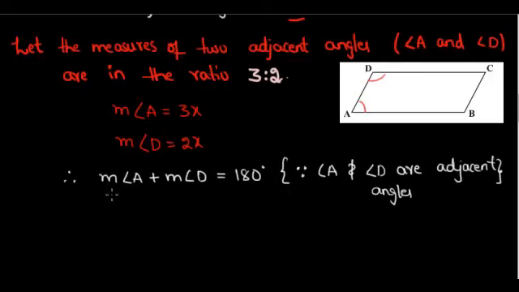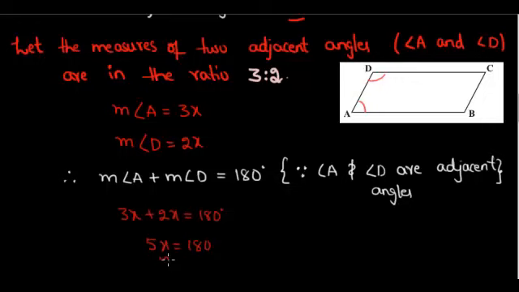We have the measure of angle A as 3x and the measure of angle D as 2x, and the total sum is equal to 180 degrees. When we combine 3x and 2x we have 5x equal to 180 degrees.